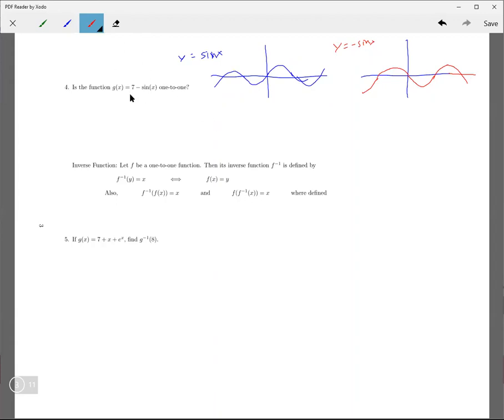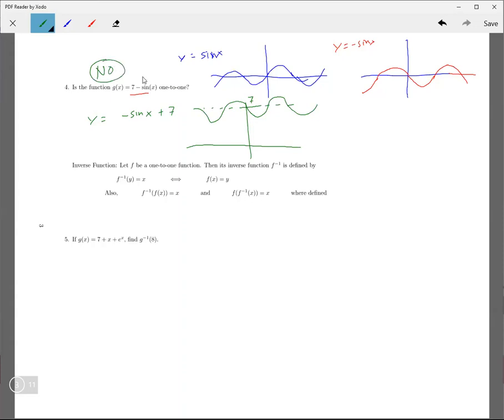And then what this one is basically is negative sine x plus 7. So that's just going to be the same thing, but shifted up by 7. So the answer to that one is no, because the horizontal line test fails.